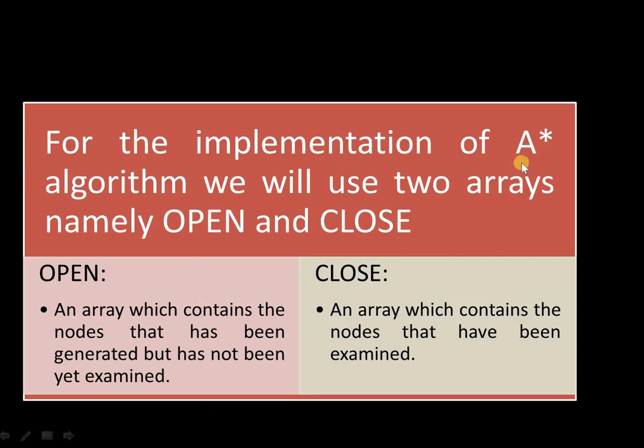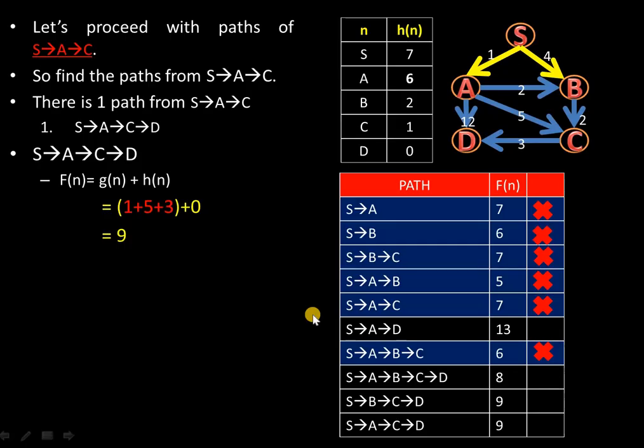For implementation of the A-star algorithm, we will use two arrays, namely open and close. Open is an array which contains the nodes that have been generated but have not been examined. Close is the array which contains the nodes that have been examined. See the array we have used here.